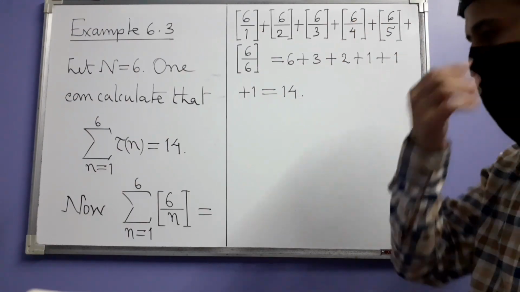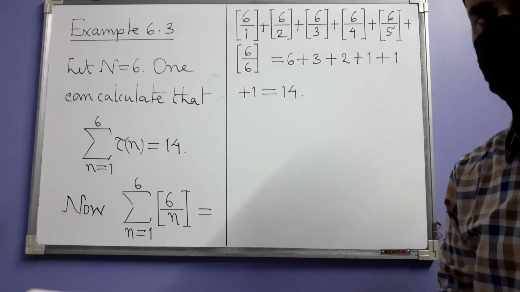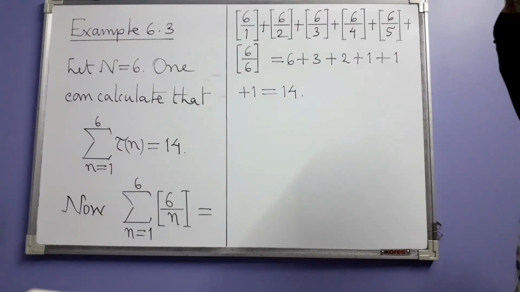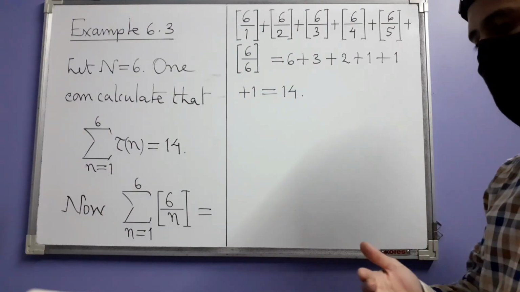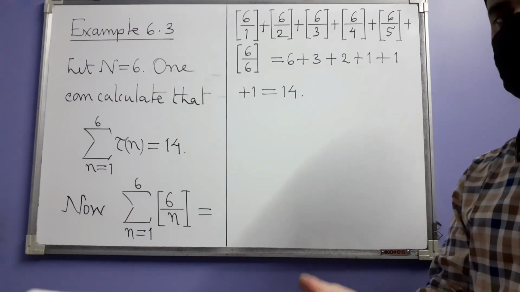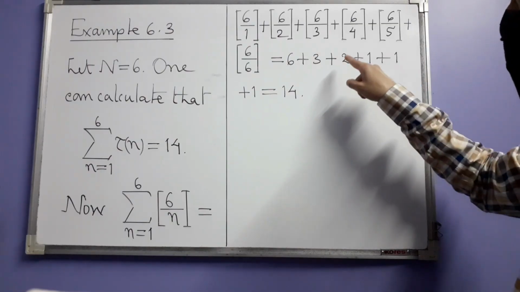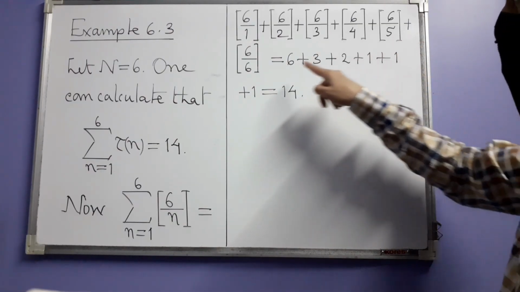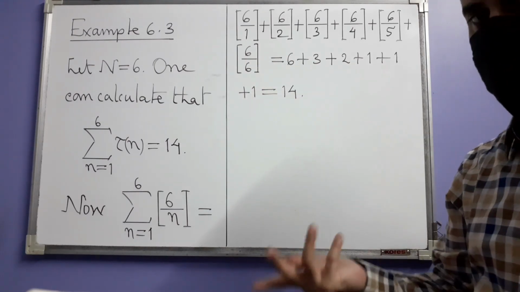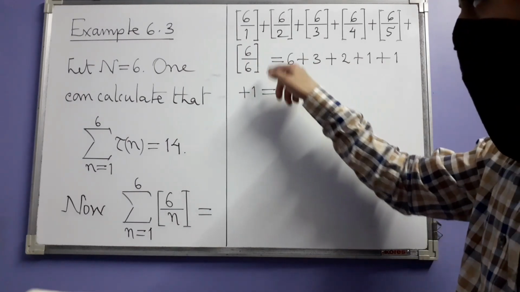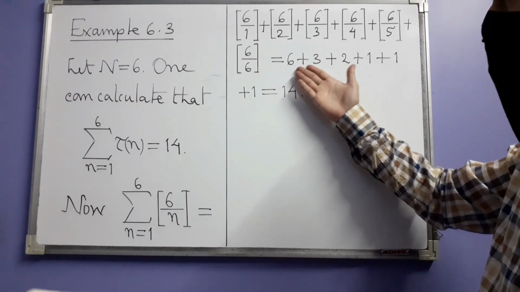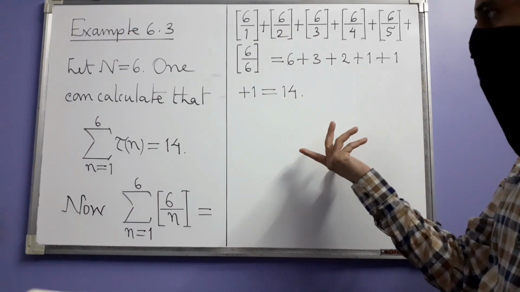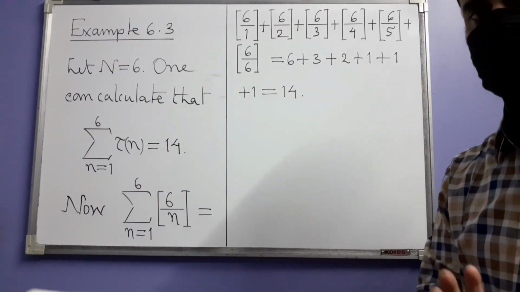This one is 1 point something, 6 divided by 4, so the greatest integer less than or equal to that is 1. That is why you have 1 here. Similarly, this one is also 1, and this one, 6 divided by 6, is 1 itself, so its greatest integer value is 1. So the sum you can clearly see is 14, so it's matching.